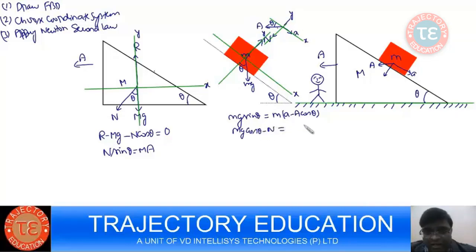That is mg cos theta minus N equals m A sin theta. So these are the equations. And now the fourth thing is very easy, and that's part of mathematics. You have to solve the equations, and you can get what is small a and what is capital A.